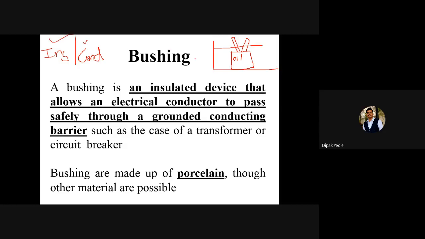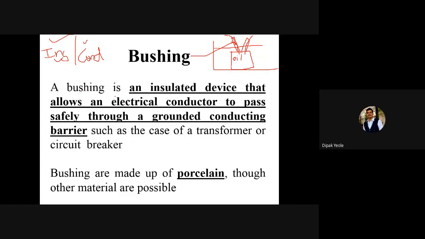The bushing is made of the material called an insulator. Its purpose is to provide mechanical strength to the conductor. From this transformer, the conductor is taken out like this. This is conductor 1 and this is conductor 2, taken out through the bushing, and to hold these conductors or give them mechanical strength, the transformer bushing is available.